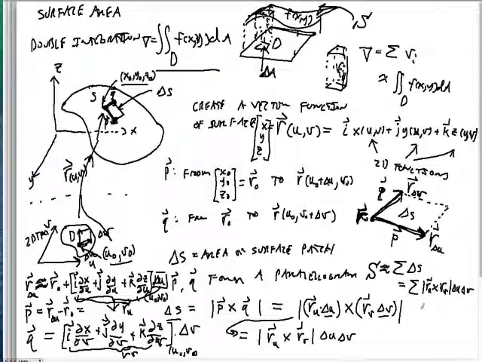Another way to write this is the double integral of the norm of R_u cross R_v times du dv. Sorry, I'm running out of space here.